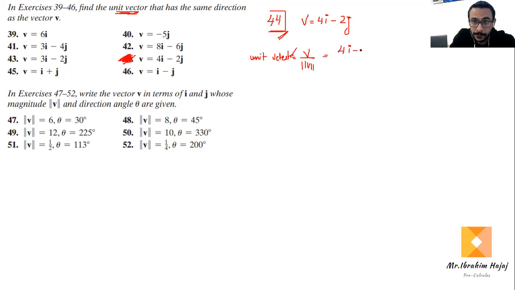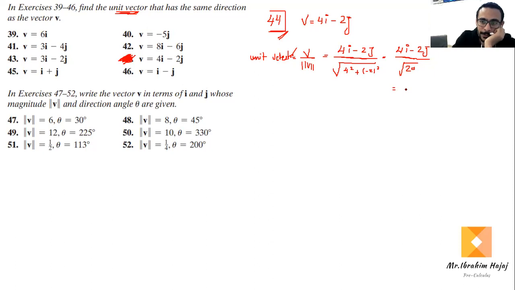So we do 4i minus 2j divided by the square root of 4 squared plus negative 2 squared, equals 4i minus 2j over square root of 16 plus 4, square root of 20. Then we just write it as 4 over radical 20 i plus negative 2 over radical 20 j. You split them, just like this.